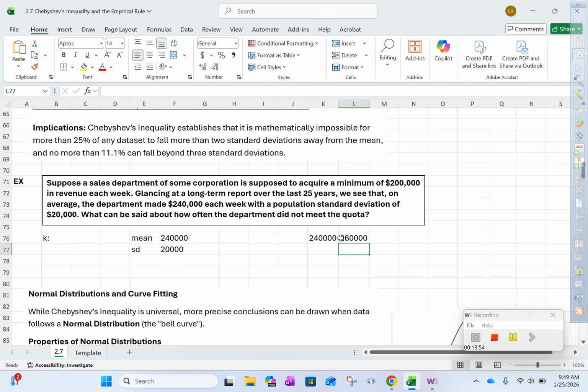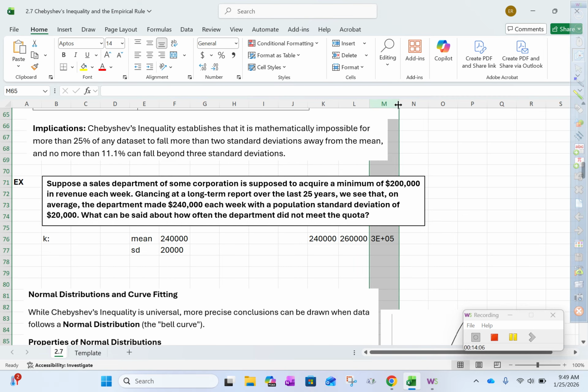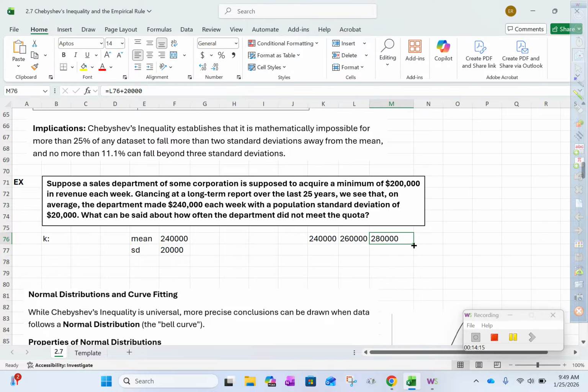Then I could do it again. Just wasn't big enough. So there's 1 standard deviation above, 2 standard deviations above, and then I can pull it 1 more for 3 standard deviations above.